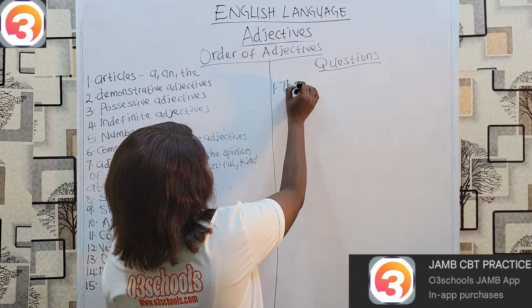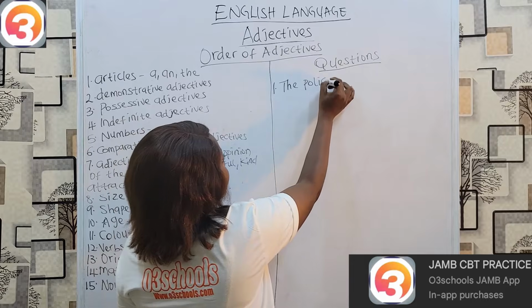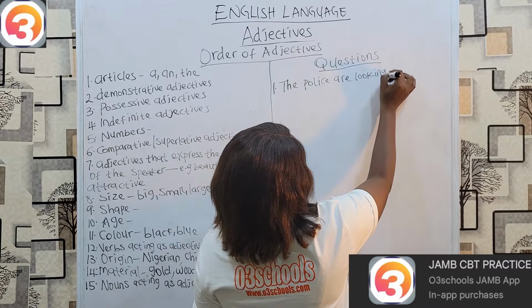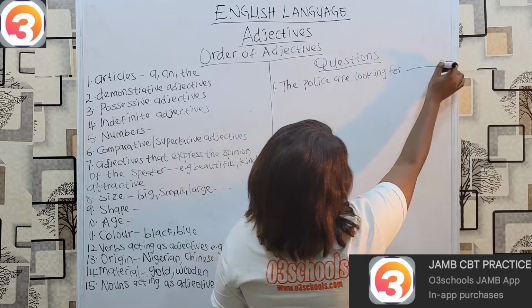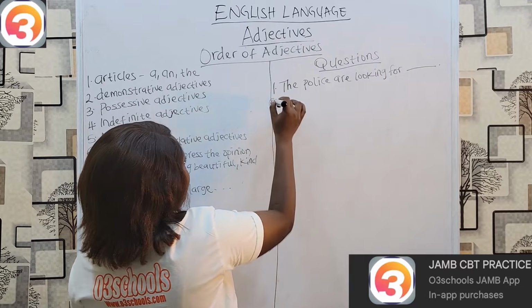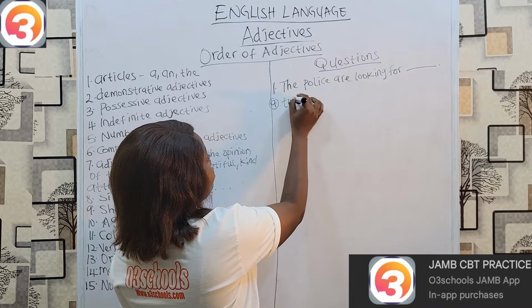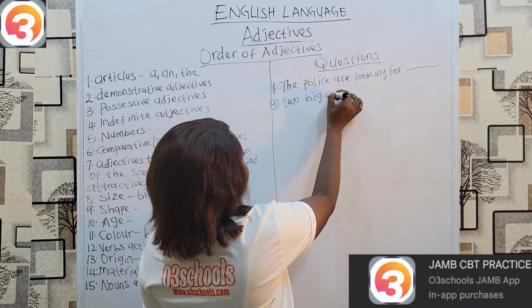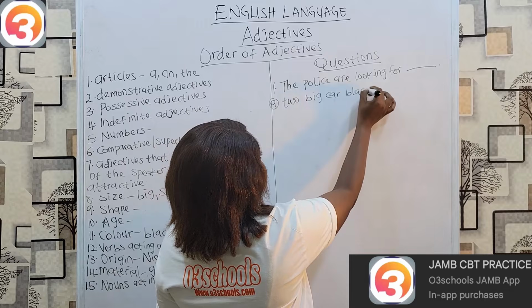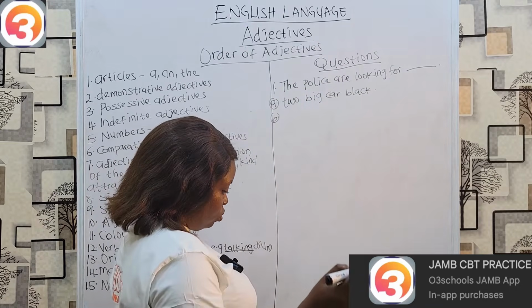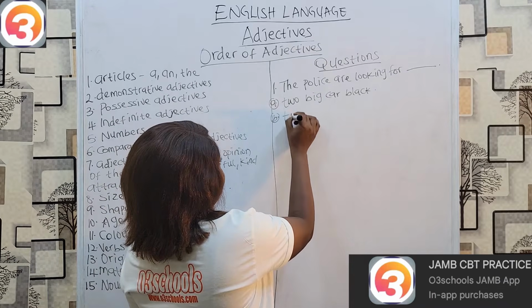One, the police are looking for dash. A, we have two big car black. B, two cars big black.